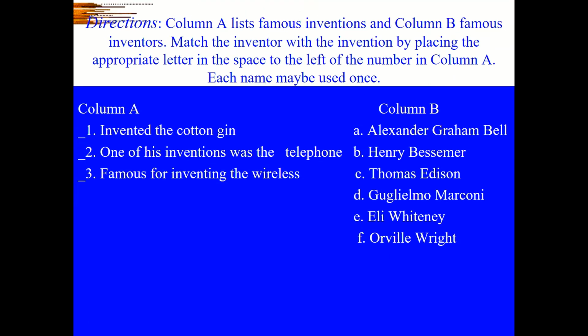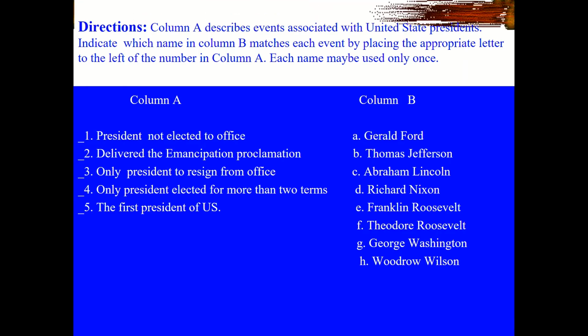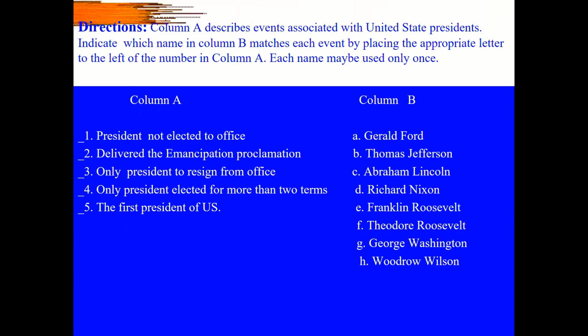The second part is about the inventors. Then the longer statements are in column A, shorter statements in column B. The direction is complete. The basis of matching is there.